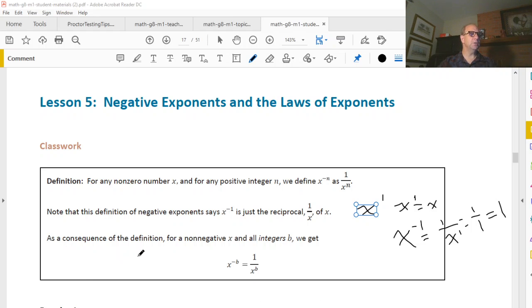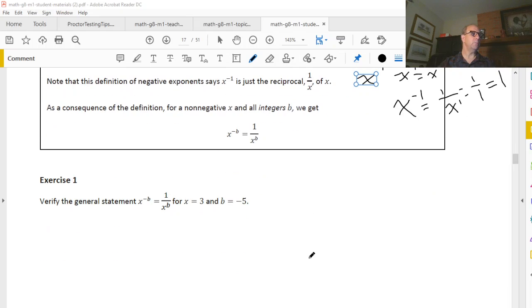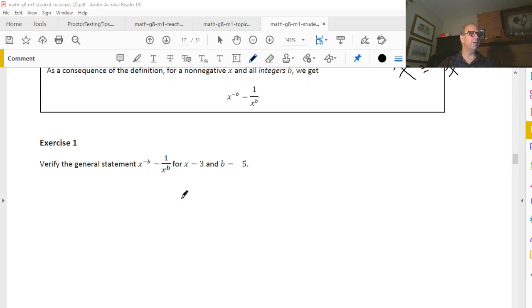So as a consequence of this definition, for non-zero x and all integers b, we get x to the negative b power equals 1 over x to that power. So we're just going to verify the general statement by putting x equals 3, and then we're going to try b equals negative 5.